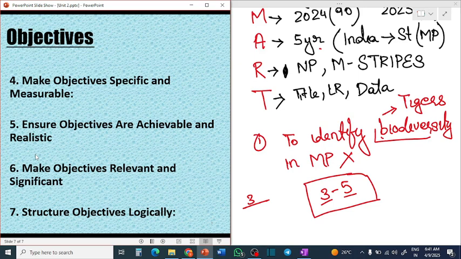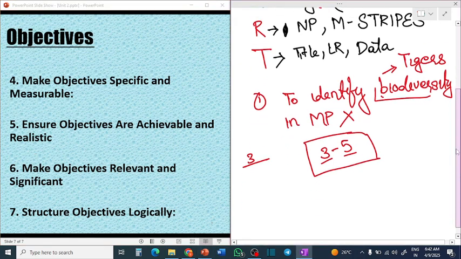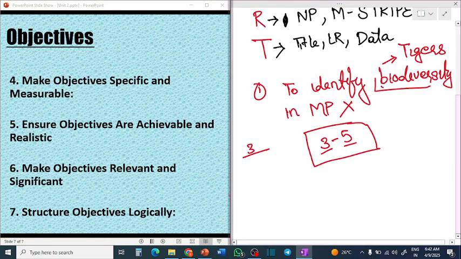Realistic means that if we go about the whole country, we will not be able to achieve it in 5 years, so we describe a specific state. Make objectives relevant and significant. And the 7th one is to structure objectives logically. Now we will see what we mean by that.